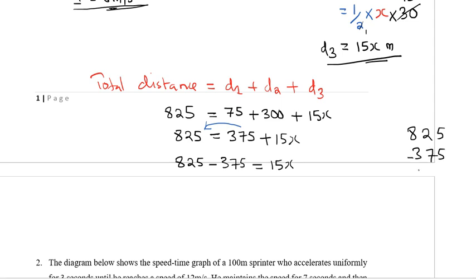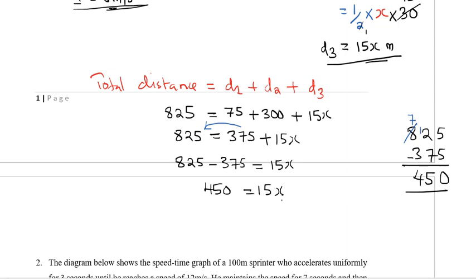We are subtracting here. 5 minus 5 is 0. 2 minus 7, we borrow 1 there, so it will be 12 minus 7, which gives me 5. 7 minus 3 gives me 4. So the answer there is 450 equals 15x.